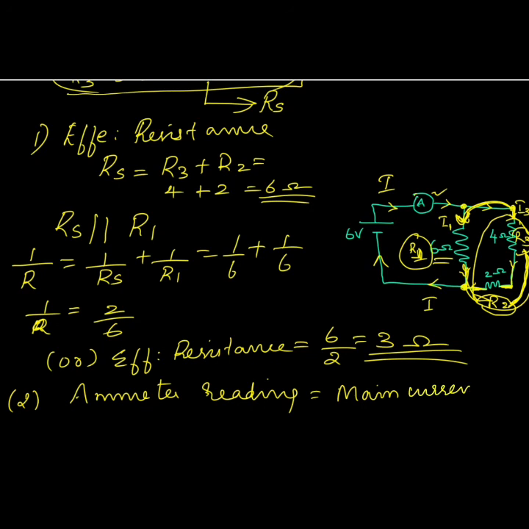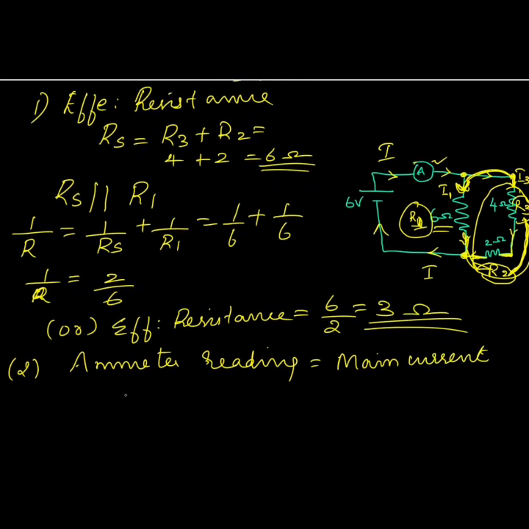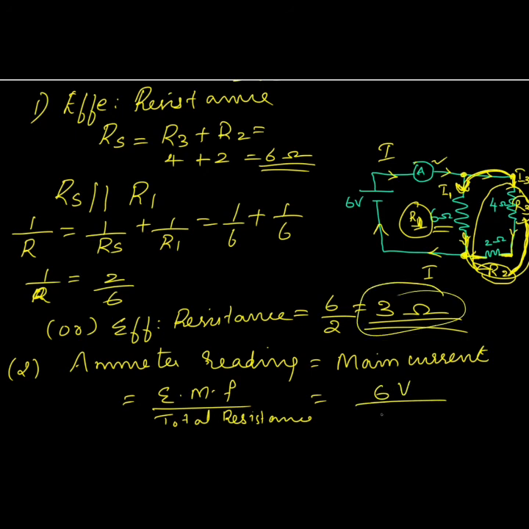Main current means the equation is total EMF, total voltage divided by total resistance, or effective resistance. Total resistance means effective resistance. EMF is given to be 6 volt. Resistance we got as 3 ohm. So you get the answer as 2 ampere, which is the main current, or the ammeter reading here.